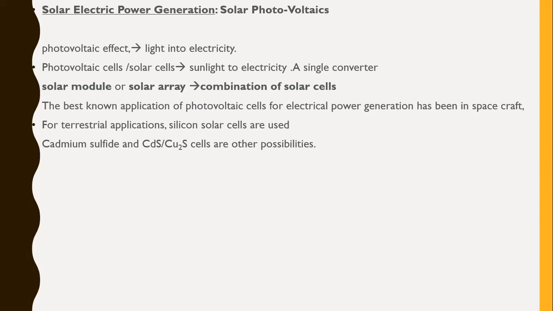We will see the doping materials in the next classes. So if you dope this single crystal of silicon, it forms a semiconductor.